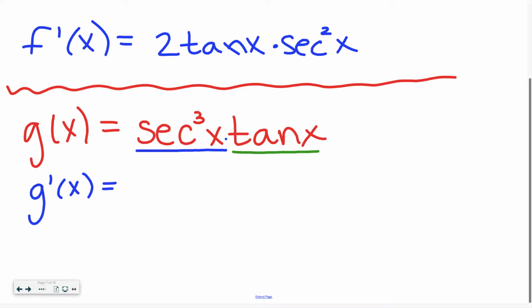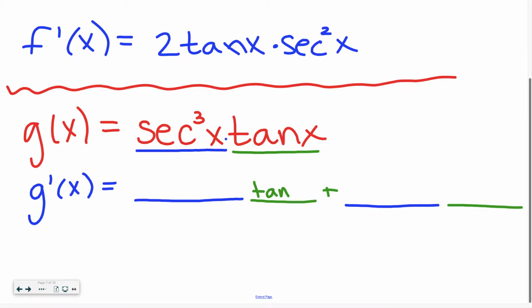So we are going to have to do derivative of the first times the second, plus the first times the derivative of the second, right? Okay, let's put in our normal functions real quick. Now let's go ahead and take our derivatives. Let's start easy. What's the derivative of tangent?